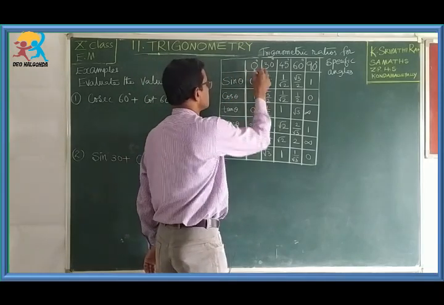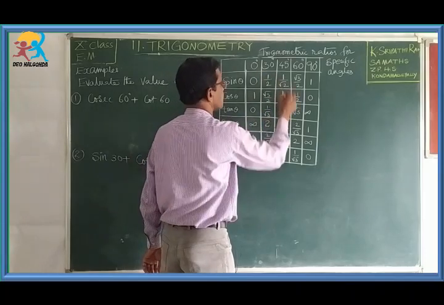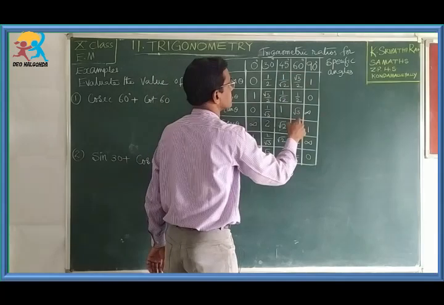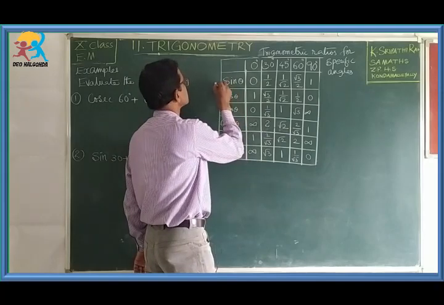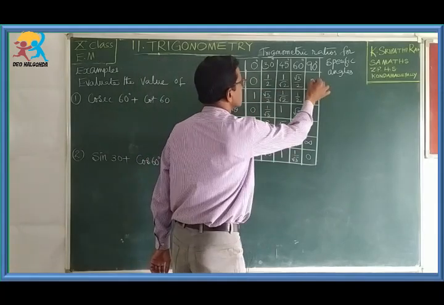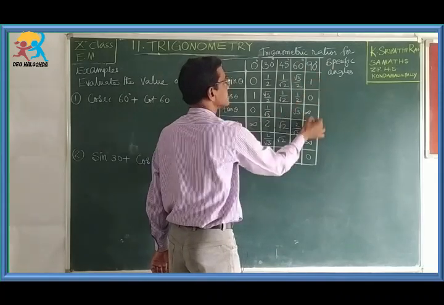Cosec 0 is undefined, cosec 30 is 2, cosec 45 is root 2, because sin 45 is 1 by root 2 and its reciprocal is root 2. Cosec 60 is 2 by root 3, because this is the reciprocal of sin theta. You have to take all reciprocals. Cosec 90 is equal to 1 because 1 by 1 is equal to 1.